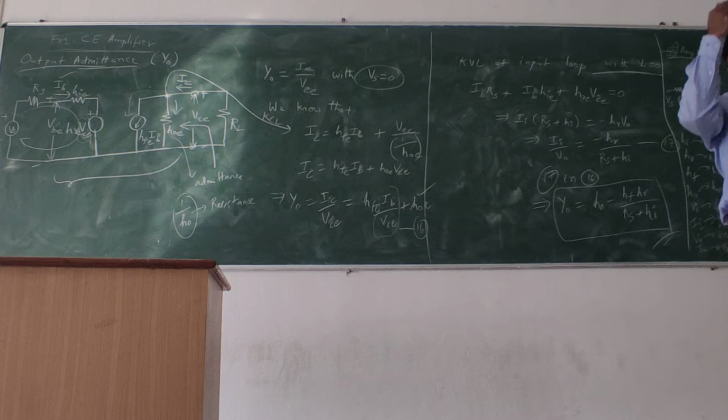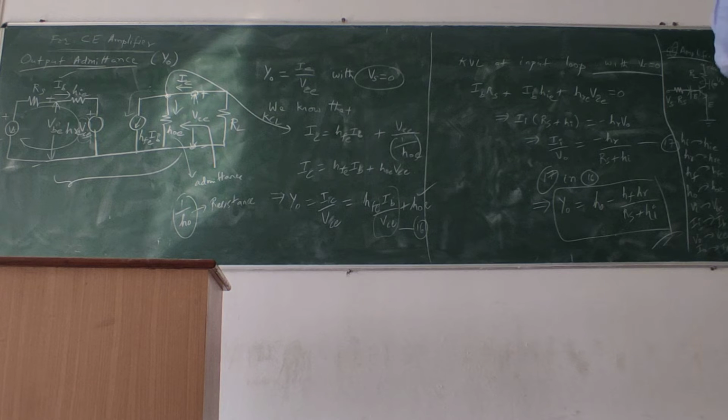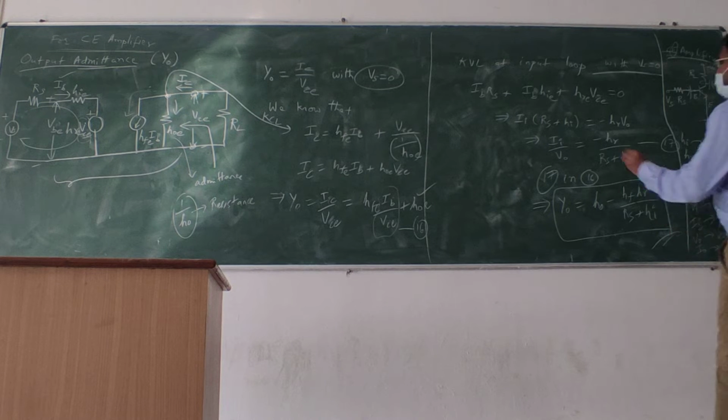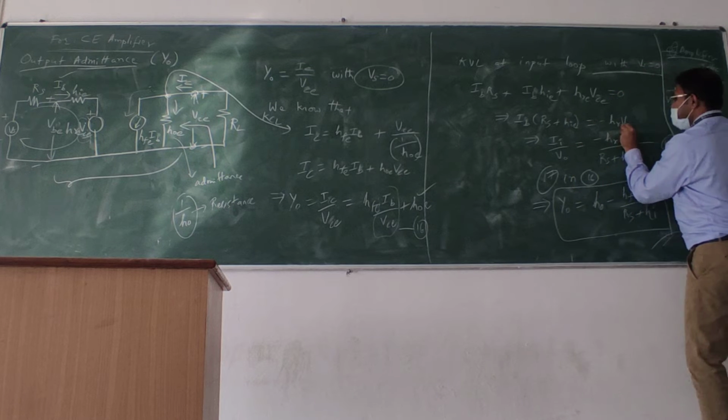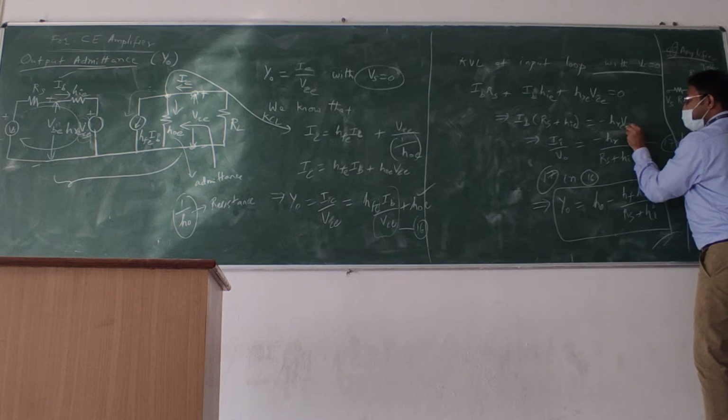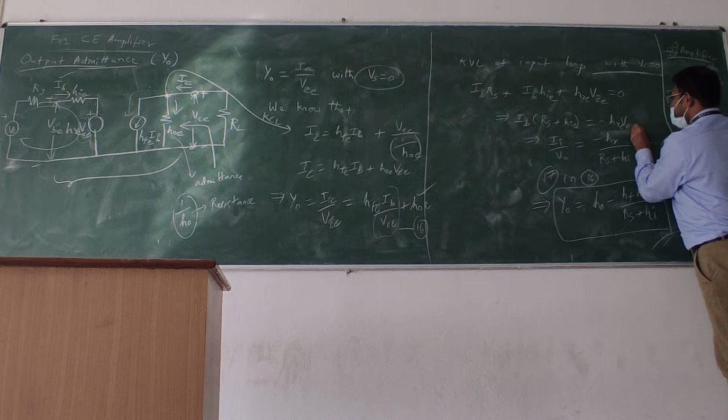What I am trying to say is you have the same steps. If you understood this, you will know what you have to do for common base. Again the same steps. Only the variables change a little bit. Okay? So this is IB, HIE, HRE, VCE. Okay?